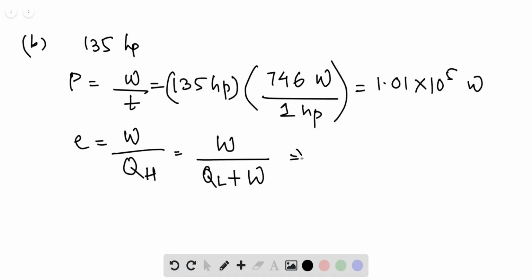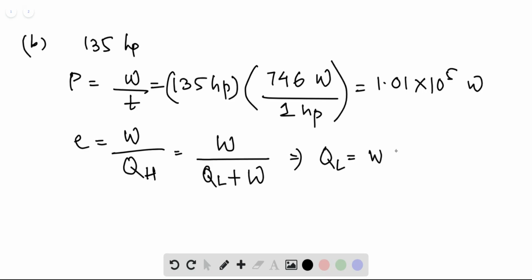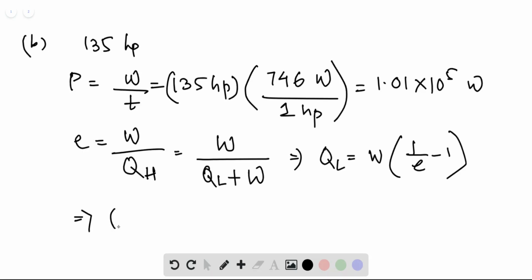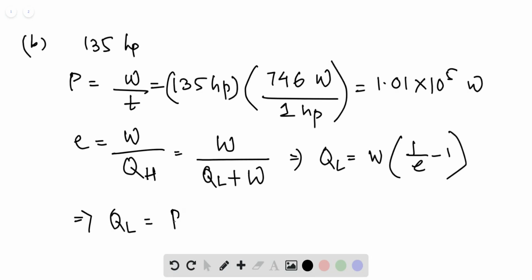This means that QL will be equal to W times 1 over E minus 1. Work is basically power times time, and we already calculated the power over here in the second part, times 1 over E minus 1.